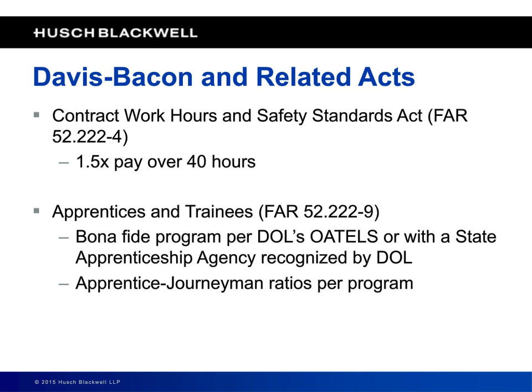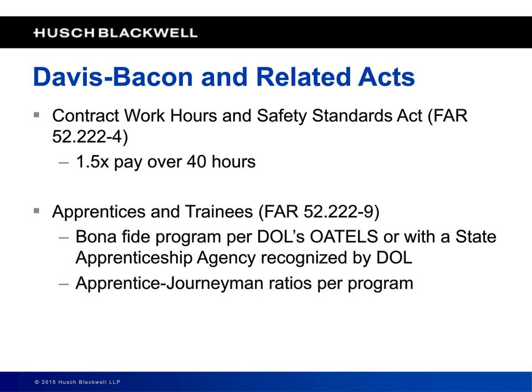Second clause I want to talk about is the Apprenticeship and Trainees Clause. The Department of Labor has an Office of Apprenticeship, Trainee, Employer, and Labor Services, and they approve apprenticeship and trainee programs for contractors that want to have them. And they're great, and if you have one and it's approved by the DOL, you only have to pay those apprentices and trainees according to what the agreement says.